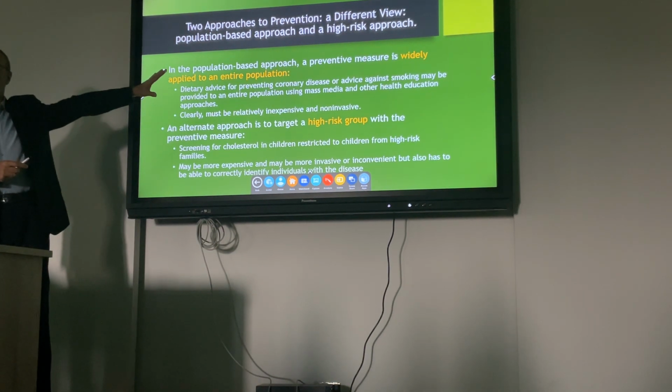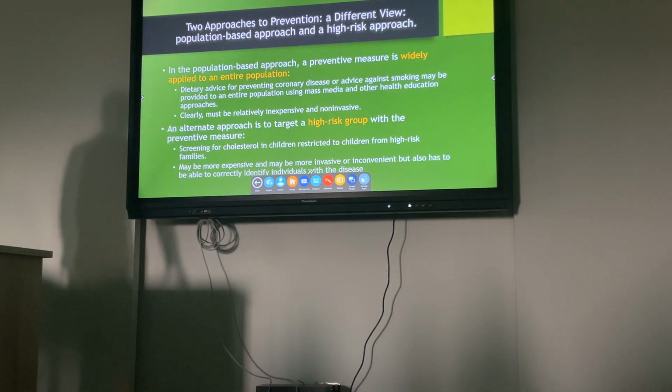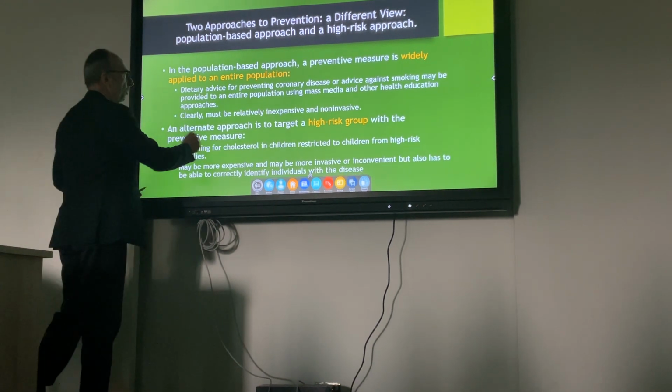For the whole population, we have to use simpler and cheaper and more acceptable tests.